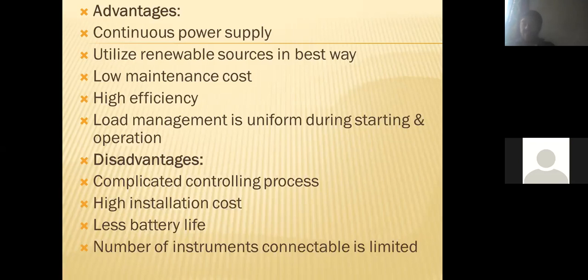Now, high efficiency: as I told you just now, as it depends on the two things, the efficiency of the system is always going to be higher. Another important thing is load management, because whenever you start anything, the starting is always going to be difficult. Take one example, your wind turbines. As the wind turbine blades are heavyweight, for a smaller amount of energy the starting rotation is going to be difficult.